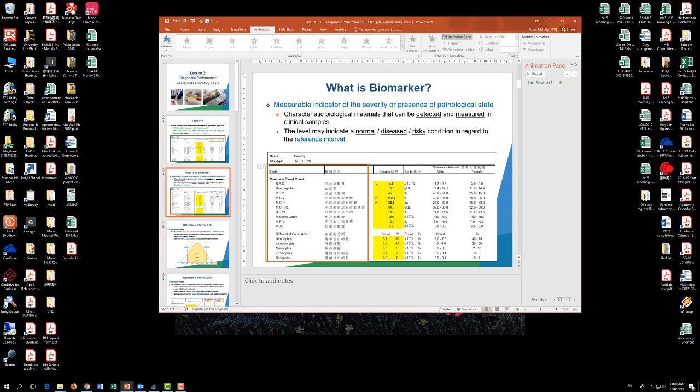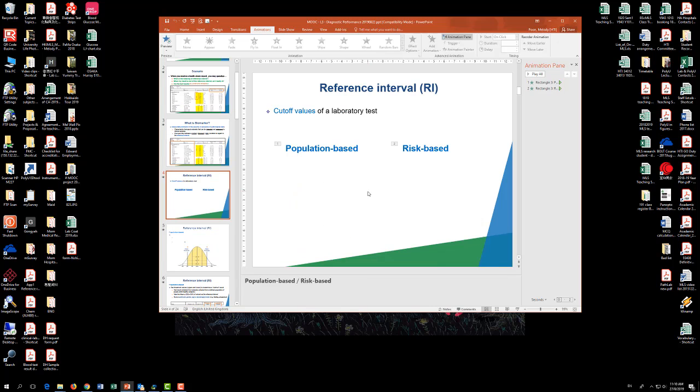And the level can indicate if you are normal, diseased, or have a risk of getting a disease regarding the reference interval. Reference interval is the cutoff value of a laboratory test.